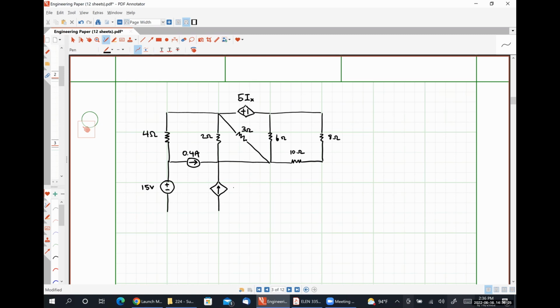A dependent current source carrying 2 IX. A 9 volt source here. And a 5 ohm resistor here.